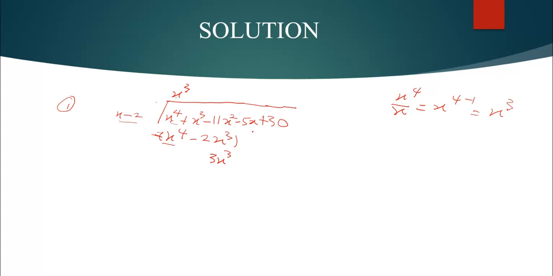Then you bring the rest of the terms down here. So you have minus 11x squared minus 5x plus 30.